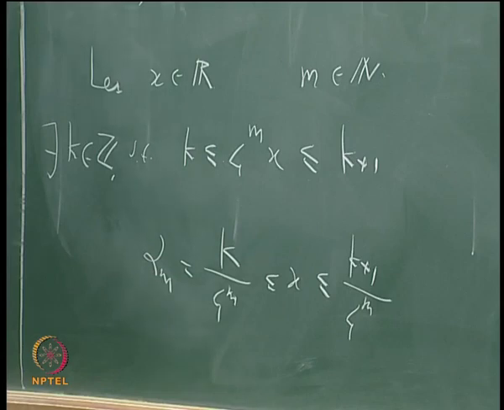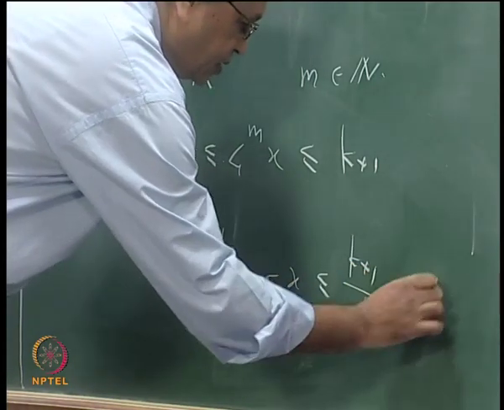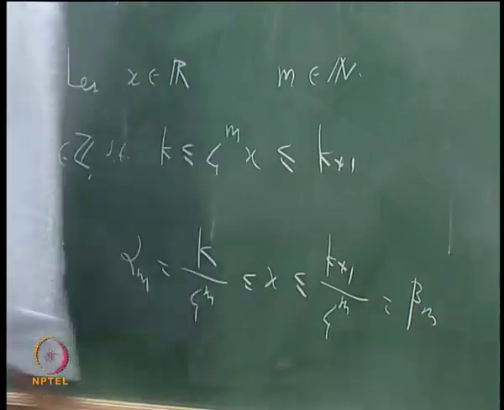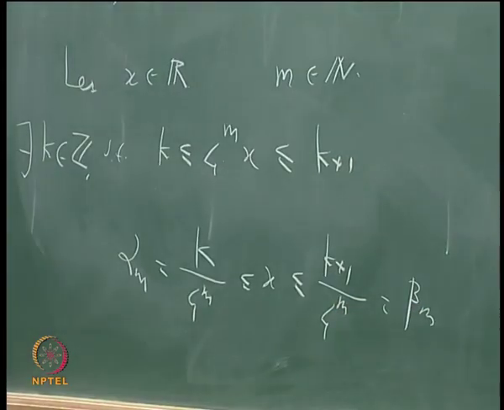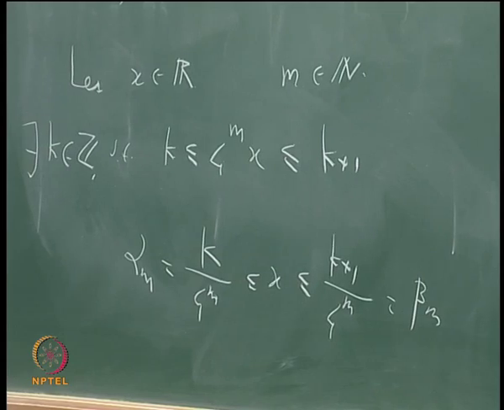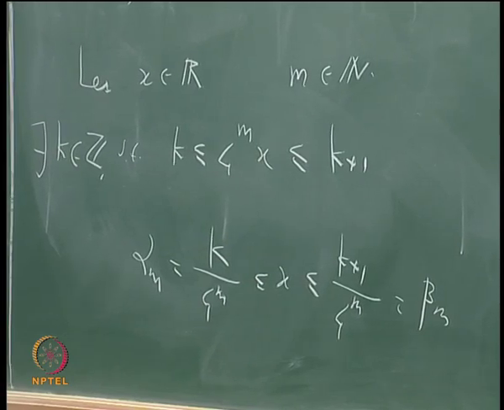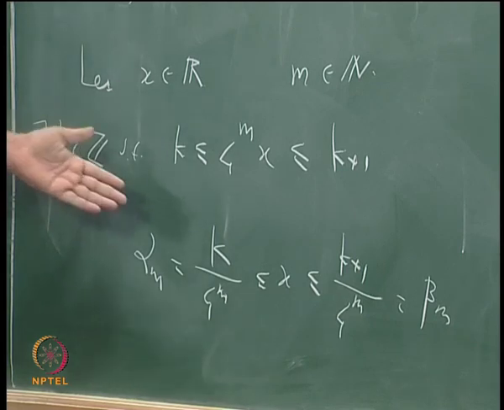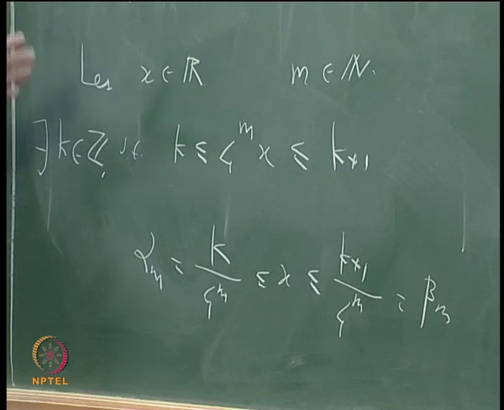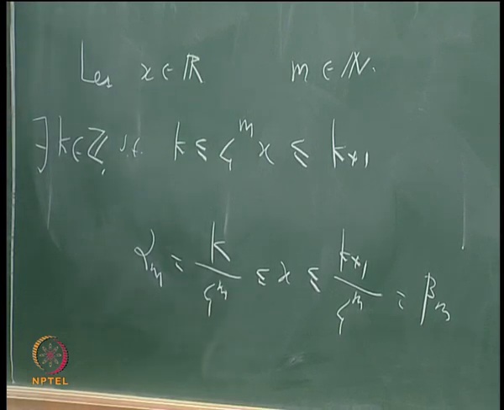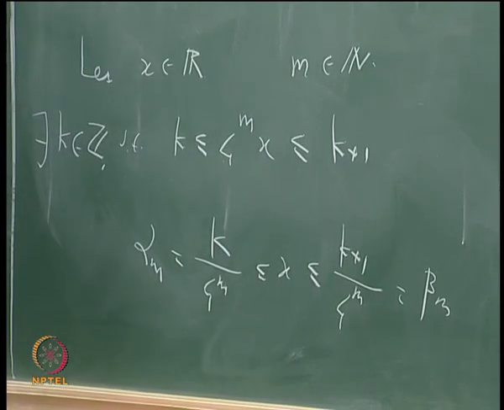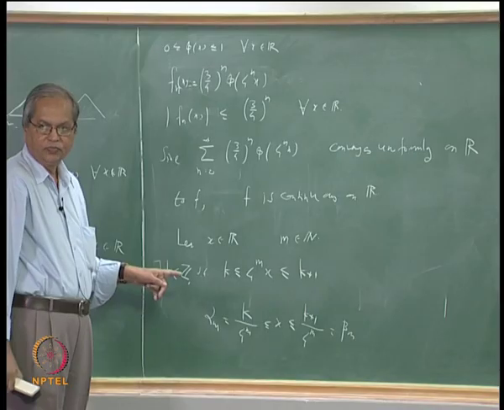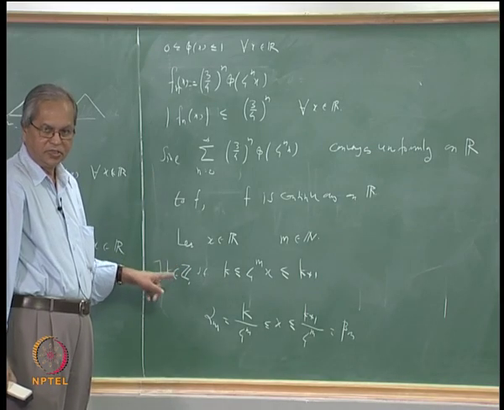So alpha m is k by 4 to the power m and beta m is k plus 1 by 4 to the power m. Is it clear that alpha m is less than or equal to x, and x is less than or equal to beta m? That is obvious. What is the other thing we need to say? That alpha m converges to x and beta m also converges to x.